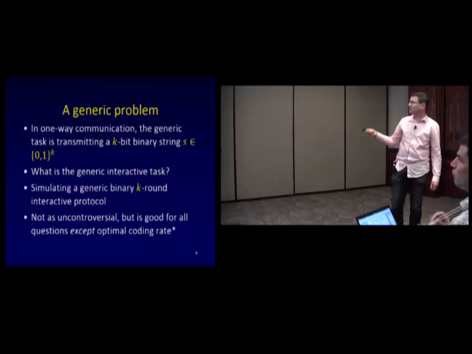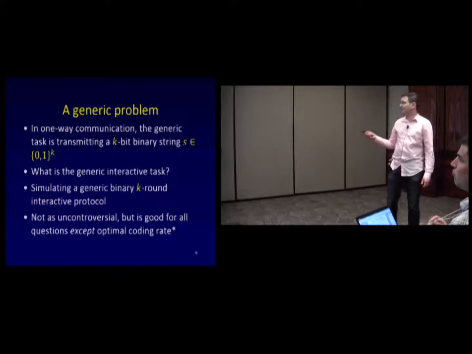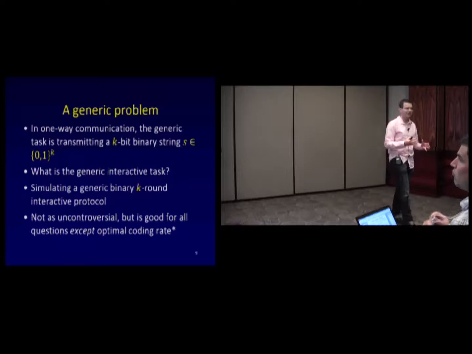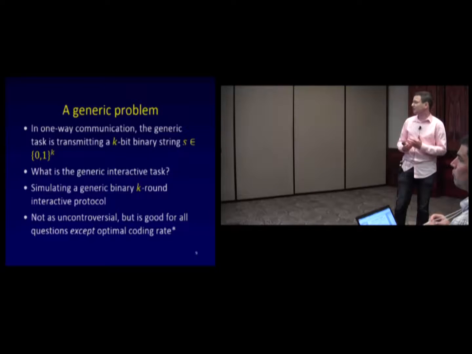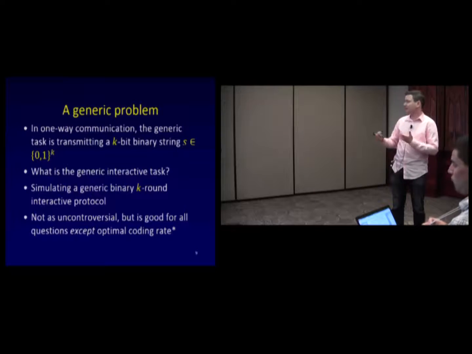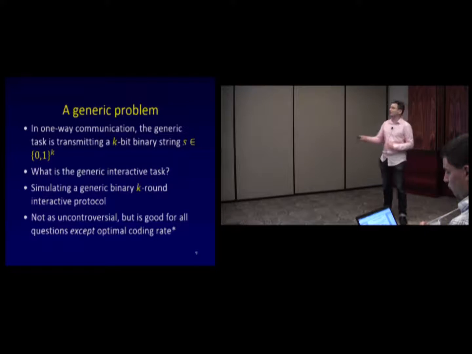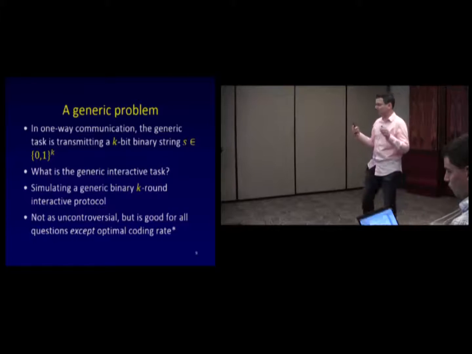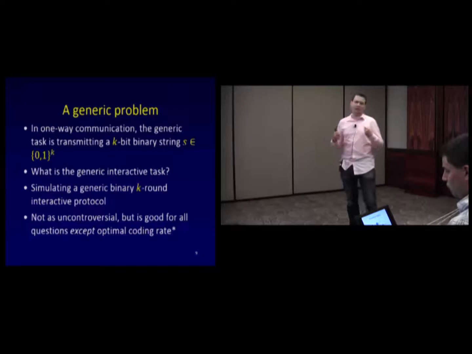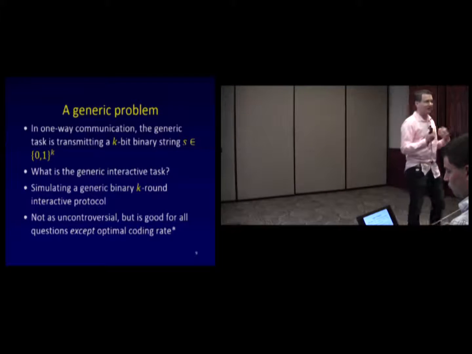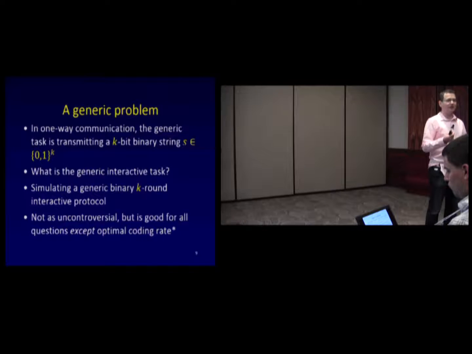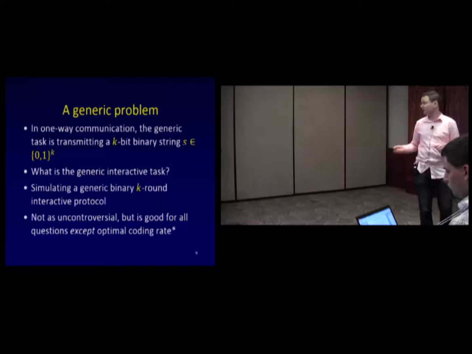So there is only one thing you can do when you transmit data. With interaction, it's not as uncontroversial. You can already start having different tasks with potentially different answers. Still, in some appropriate sense, you can argue that the complete task is simulating a generic binary k-round protocol, which I'll tell you in a second what I mean.